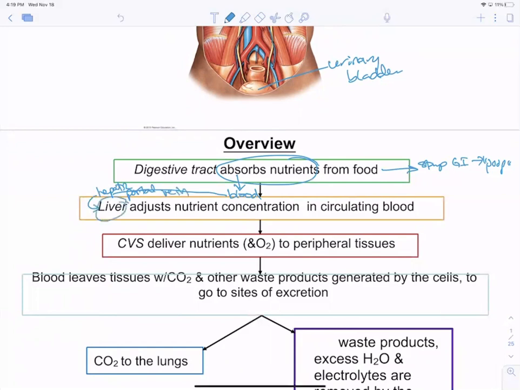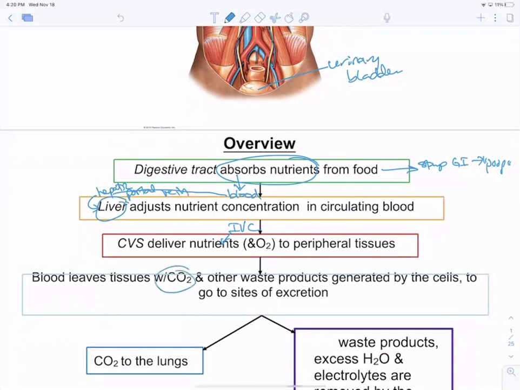The liver is filtering, adjusting nutrient concentration, taking what it needs out of the circulating blood, and then sending it on via the inferior vena cava right into the cardiovascular circulatory system. And now it's delivering it to all the rest of the cells of the body. They're going to get the nutrients and so forth, and the cells are going to get rid of their waste, and the waste then goes back into the blood, and this blood circulates.